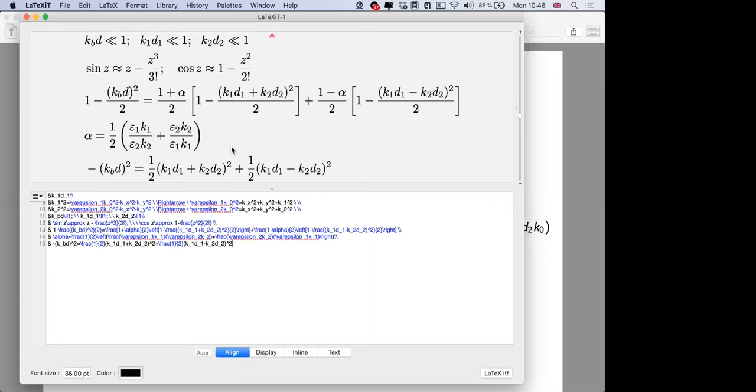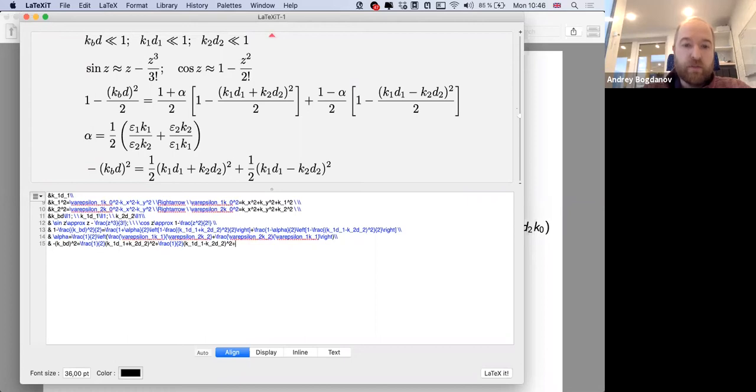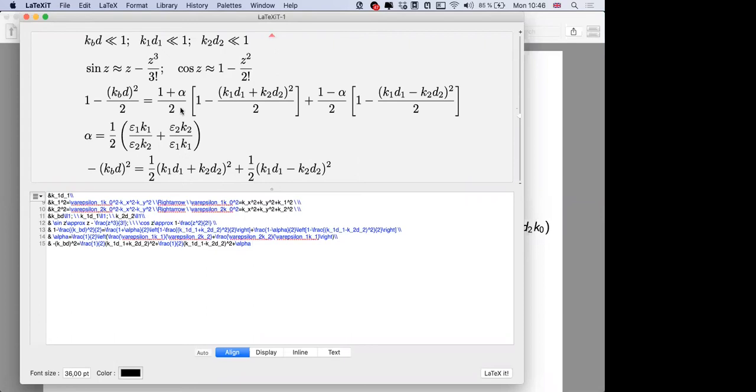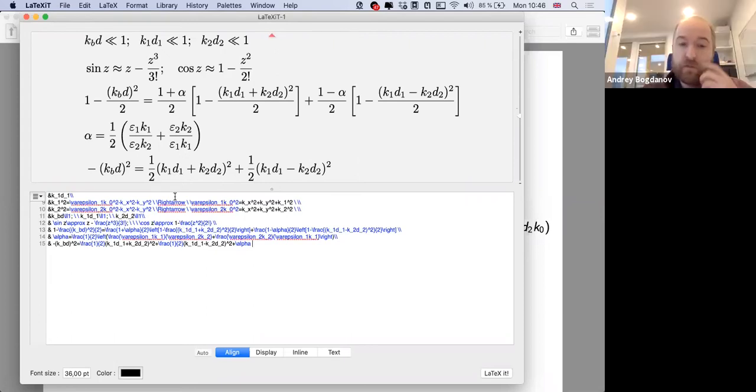You forgot alpha. Yes. Okay, let's write plus alpha, and then, just a second, or minus alpha.